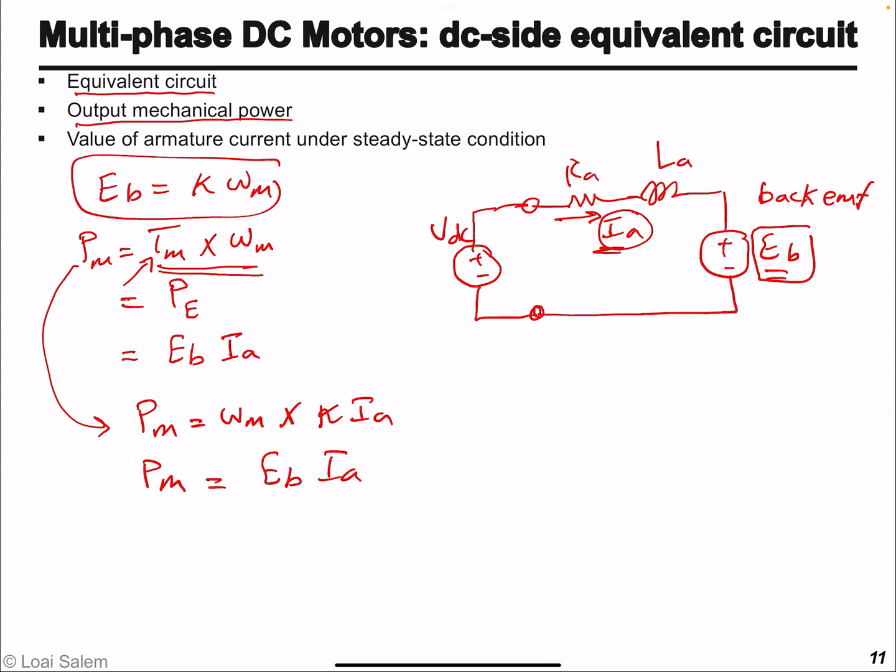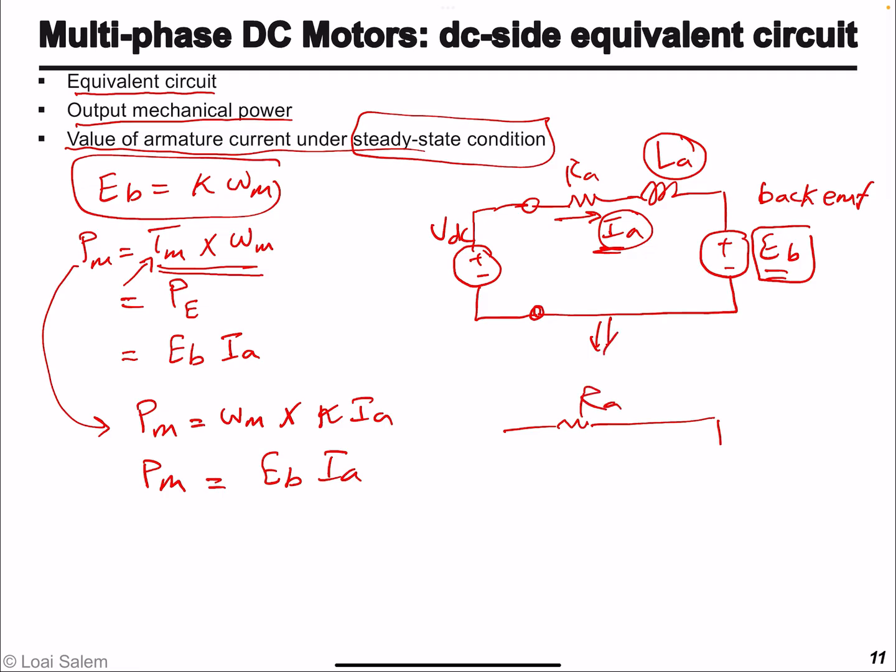Another point is, what is the value of the armature current at steady state, where there are no variations, no transient operation? The inductor will essentially behave as a short circuit. So this equivalent circuit of the multi-phase DC motor will boil down to this simplified circuit.